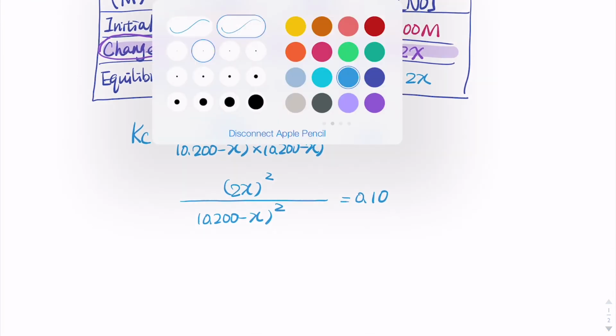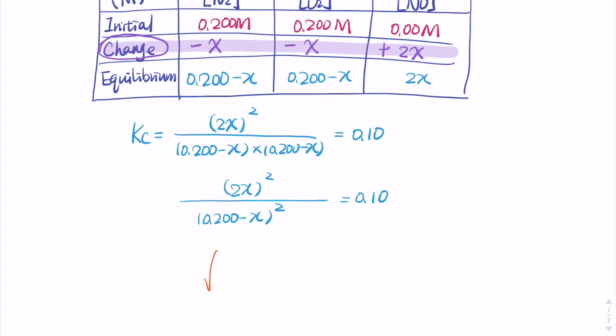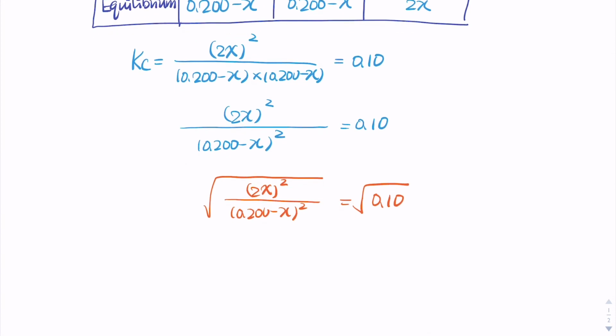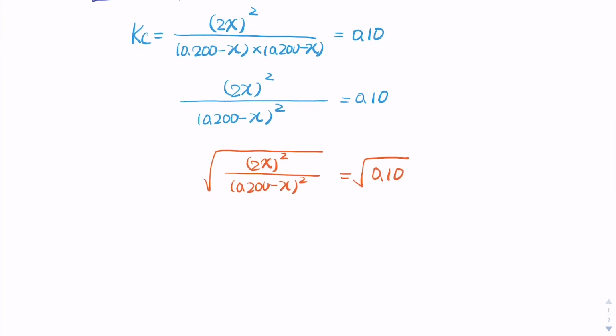So I'm going to take the square root, and on the left side it simplifies to 2x over (0.2 minus x), equals the square root of 0.1, which is 0.316.